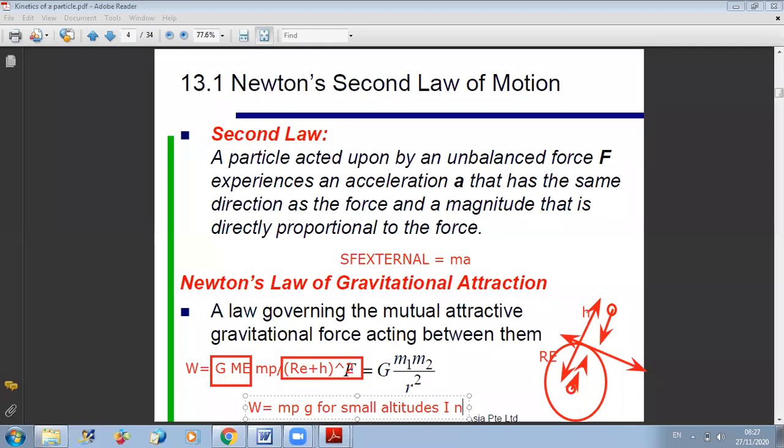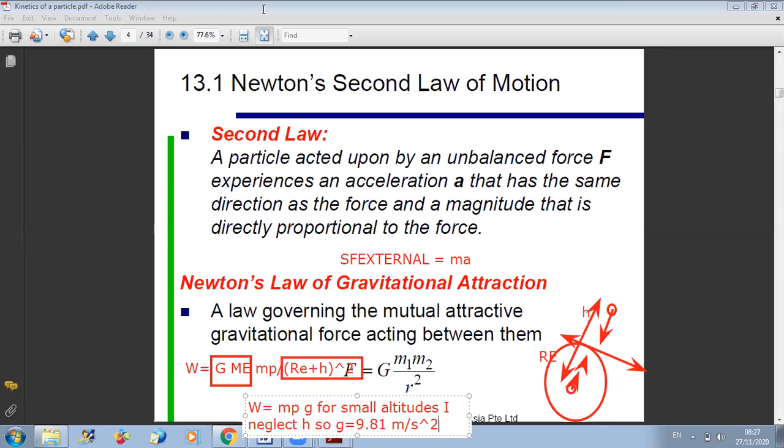Okay, I neglect h, and therefore I get g is 9.81. But you know that for satellites, for example, I cannot say that g is 9.81 because for satellites the altitude is very high and sometimes it's much higher than the radius of the Earth. This is why as h increases, g will decrease.